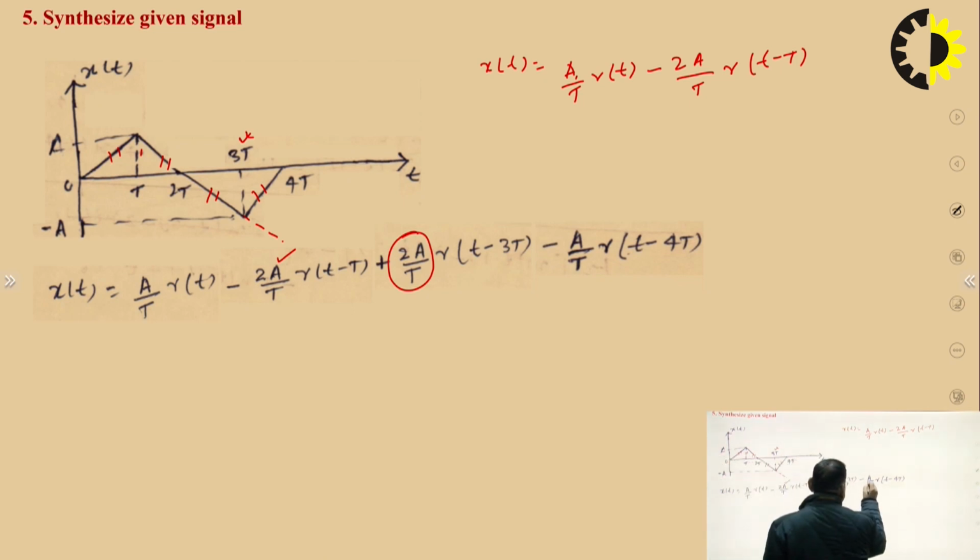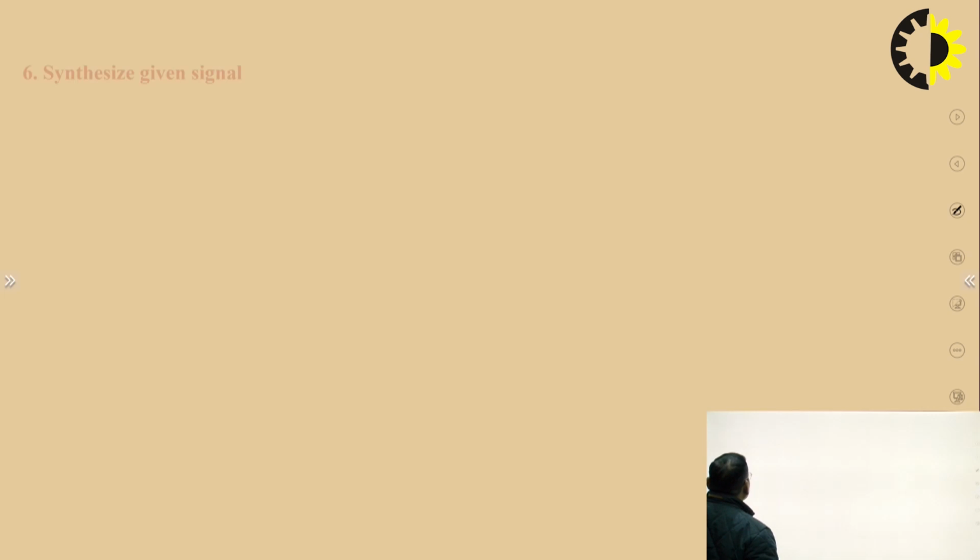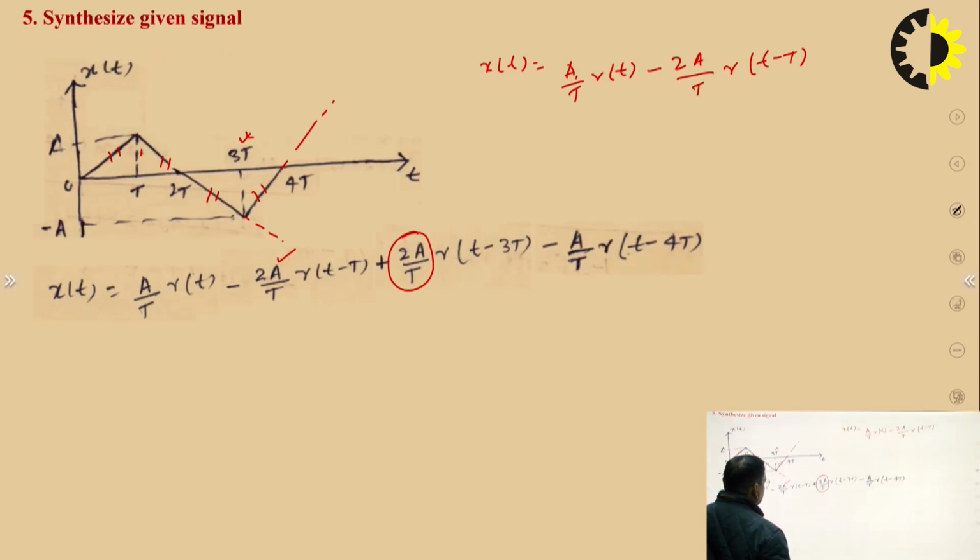Again, then negative slope A by t r(t minus 4t). So this line is going like this, and then r(t minus 4t).